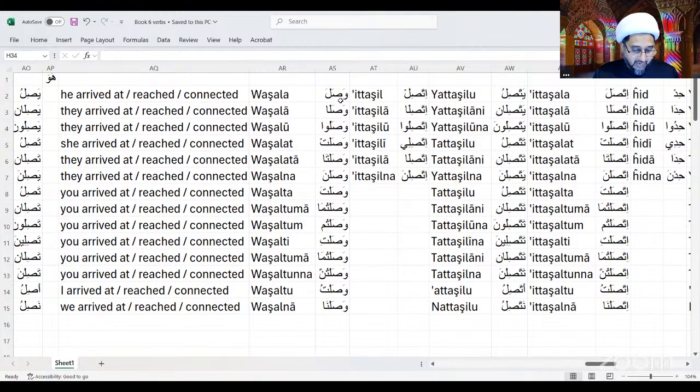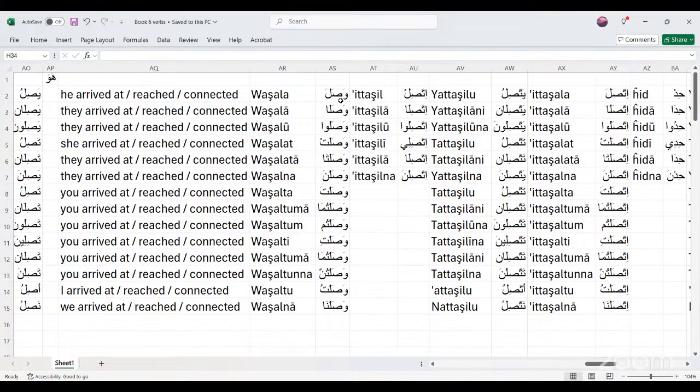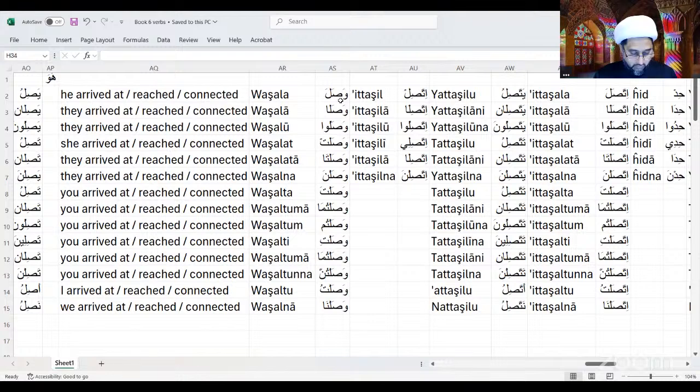The wasala itself is a three-letter verb. Now you remember ifta'ala yafta'ilu. Wasala is the past tense. Sister Sharabano, can you come on the mic, please? Assalamu alaikum.